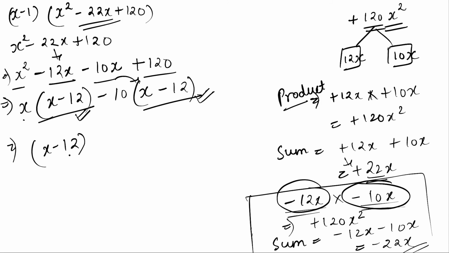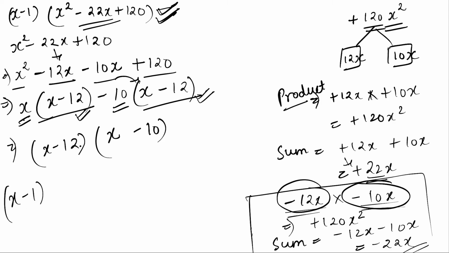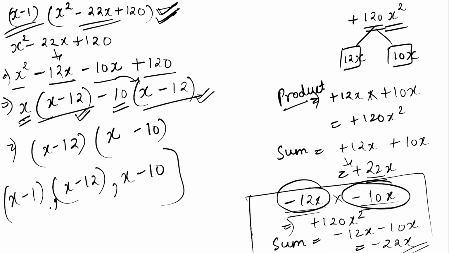Okay, x minus 12 in common, and from here we'll be getting x, and from here we'll be getting minus 10. We are done with the splitting the middle term method and factorizing this polynomial more. So we now have three factors: x minus 1 from here, x minus 12, and x minus 10.